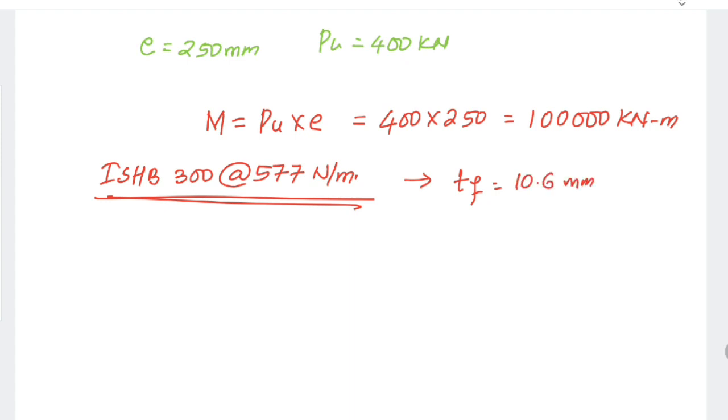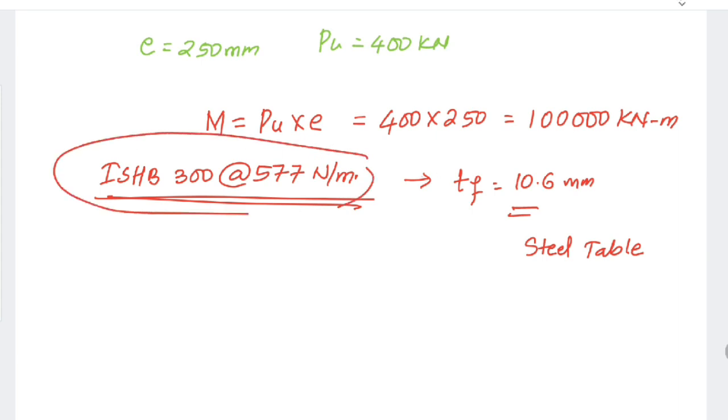You will get this data from a steel table. Refer to the steel table, go through the ISHB page, and you will find the thickness of flange, 10.6 mm.